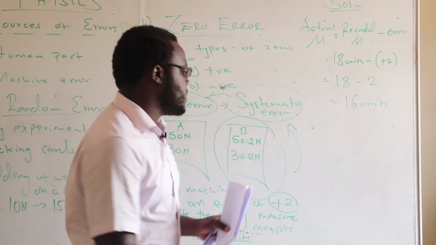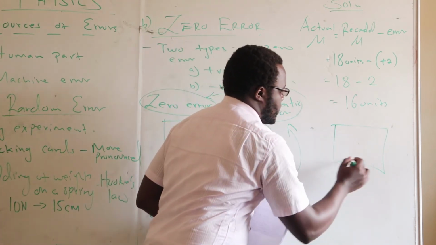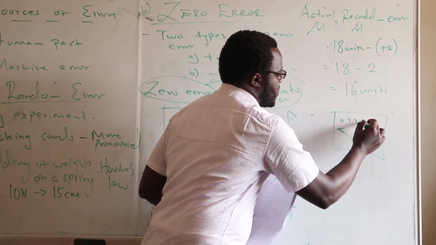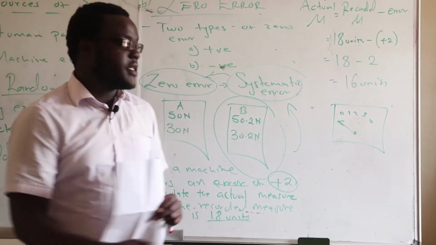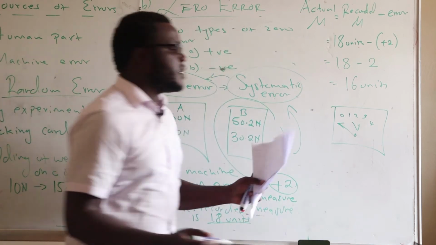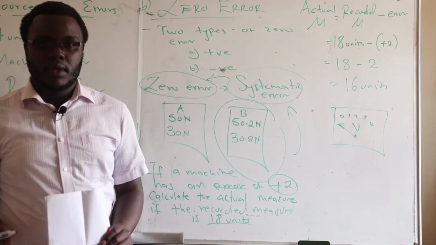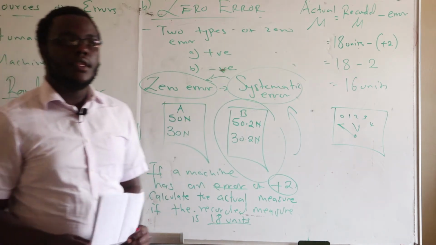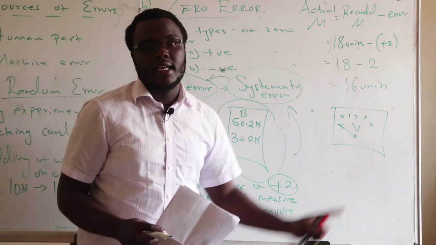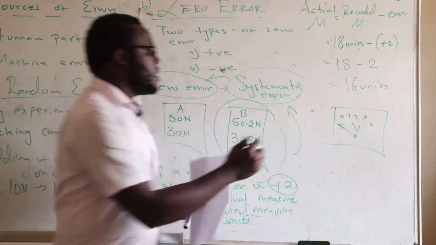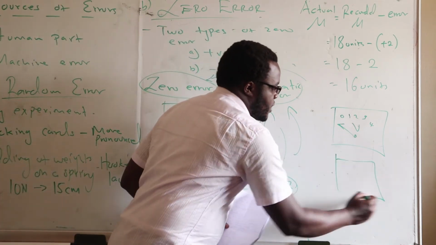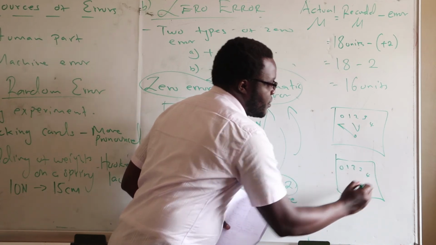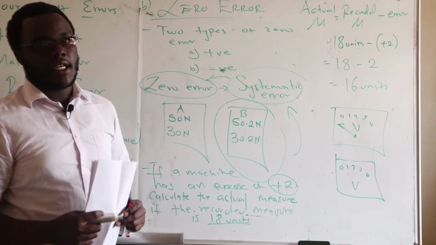For the case of a voltmeter, you notice that even before you give a load to the voltmeter, it is already giving you a negative value. That negative value is what we call the zero error, and if you're not careful with it, it will give you a systematic error in your reading. It can be a negative value, or it can also be a positive value. How do you differentiate between a positive zero error and a negative zero error?